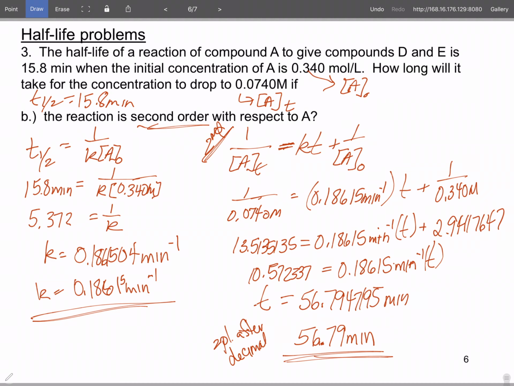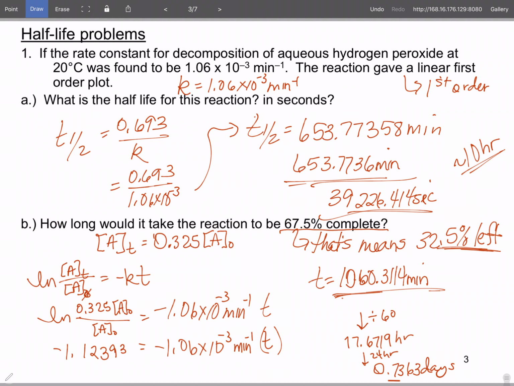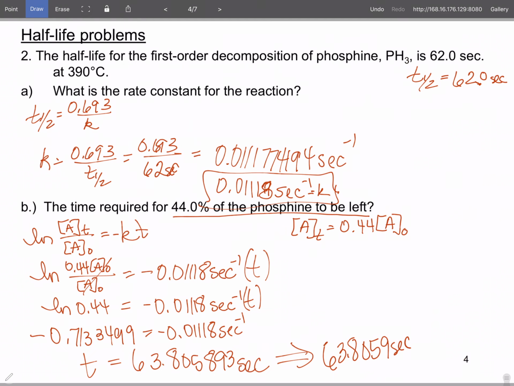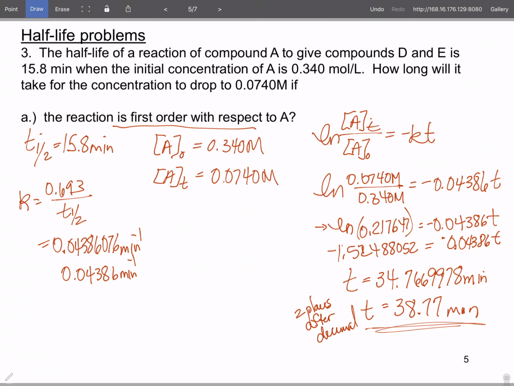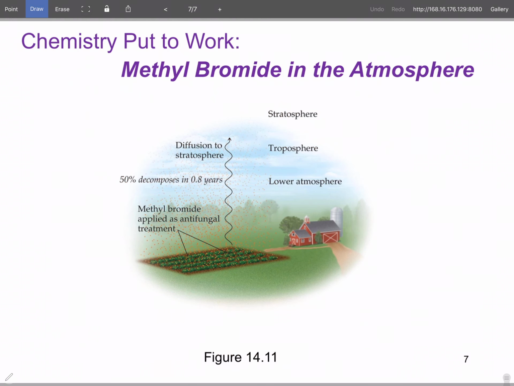The majority of your half-life problems will be similar to this one and the previous one, where 70% complete or 70% left, and you will be asked to do at least one of those. So be prepared to identify the equations.